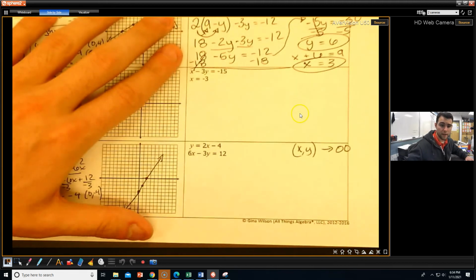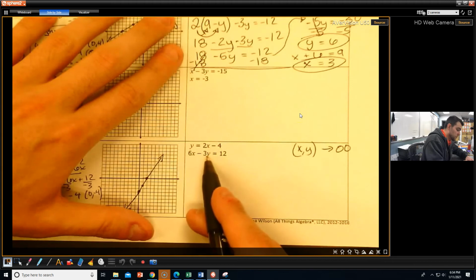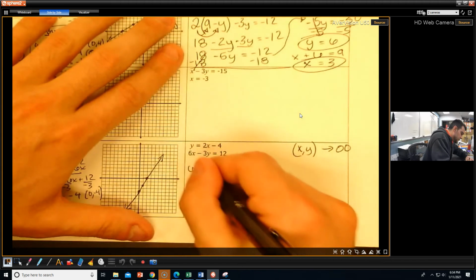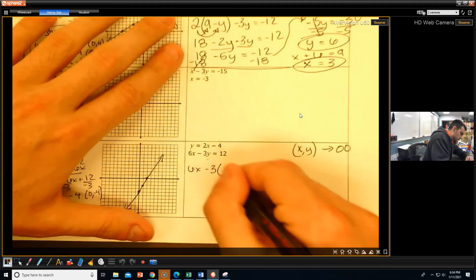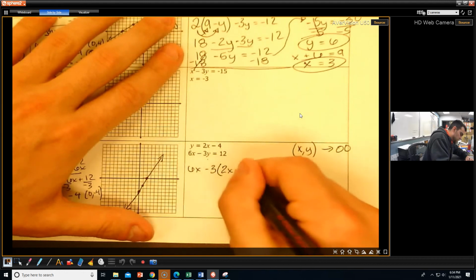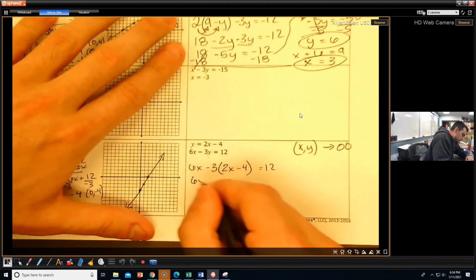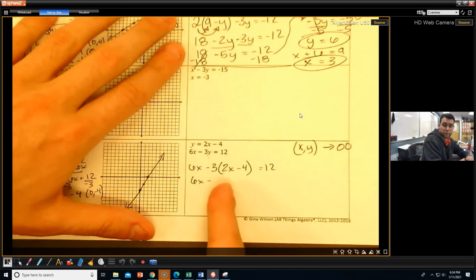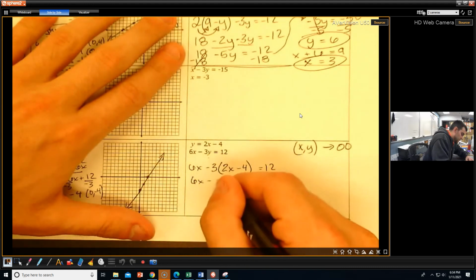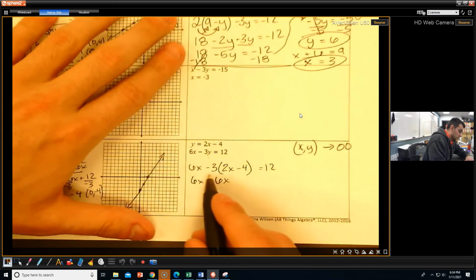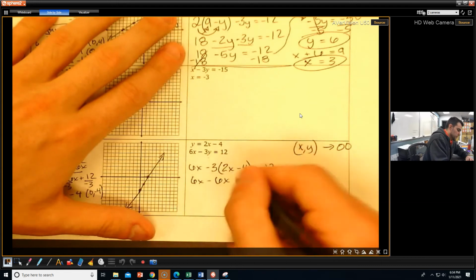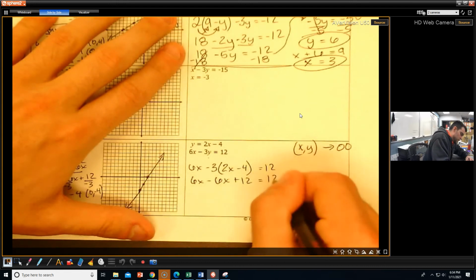So I'm going to take 2x minus 4 and plug that in for y right here. 6x minus 3 times the quantity 2x minus 4 equals 12. And let's go ahead and distribute this 3 to the 2x minus 4. So I end up getting 3 times 2 is 6x. And then this is going to be negative 3 times negative 4, so that is plus 12.